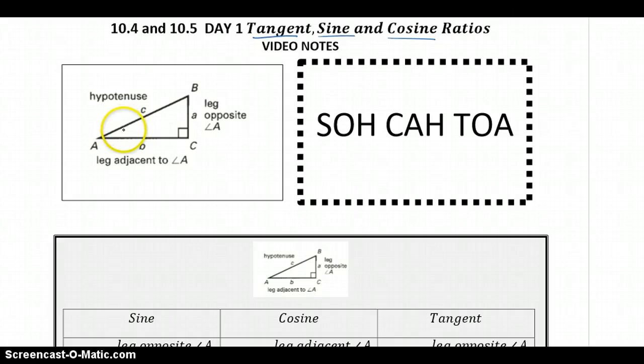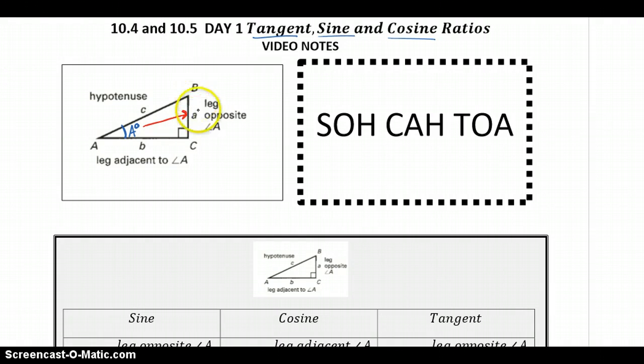So given angle A, if you look at the picture to the right, I'm calling this angle A, so it's degrees of capital A. The leg that is opposite that angle is the one across from it. It doesn't share the sides of the angle.